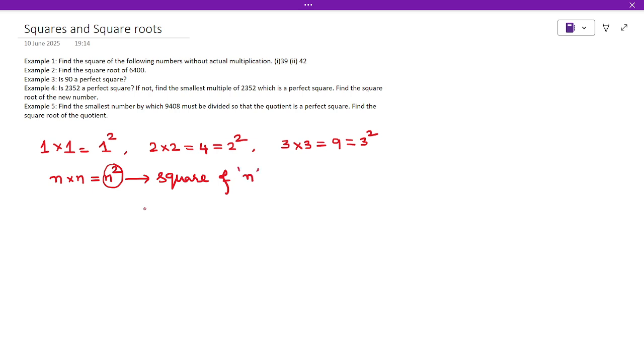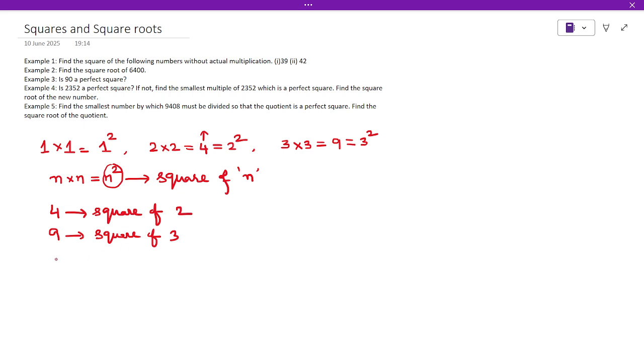Clear? So therefore in this case, this 4 is the square. Let me write it down here clearly. 4 is the square of 2, right? And similarly 9 is the square of 3.